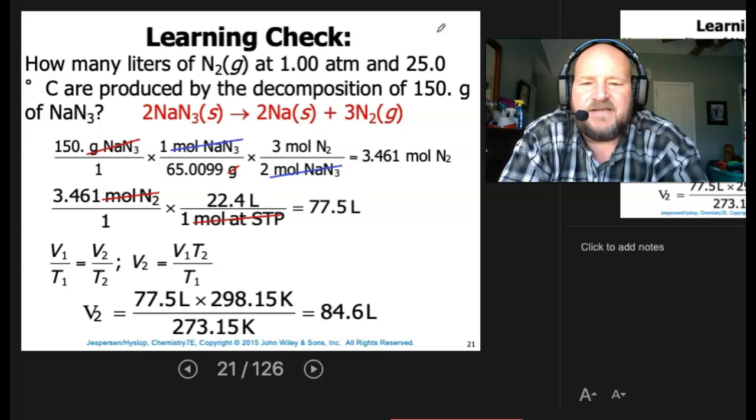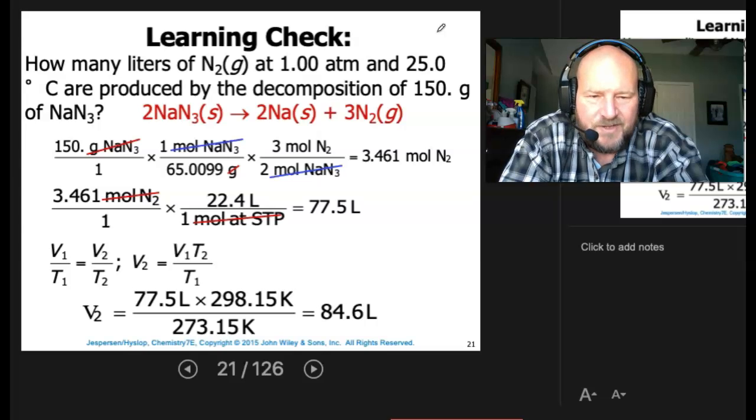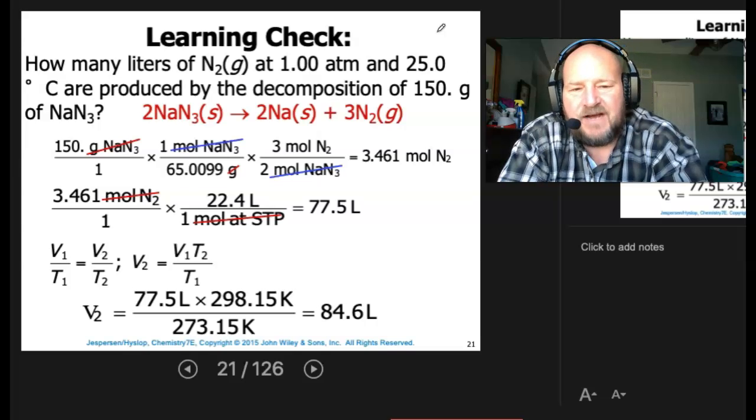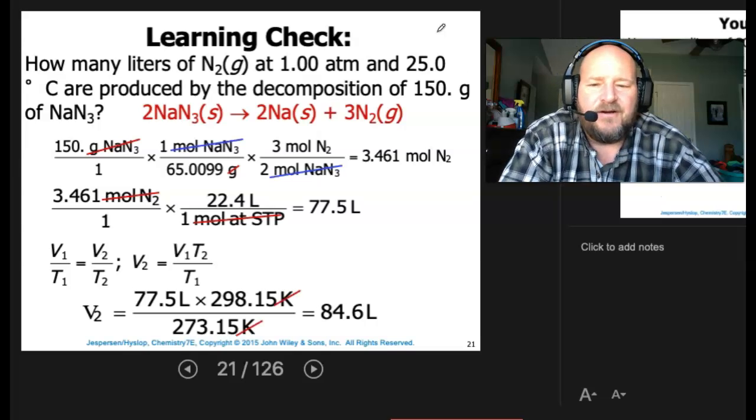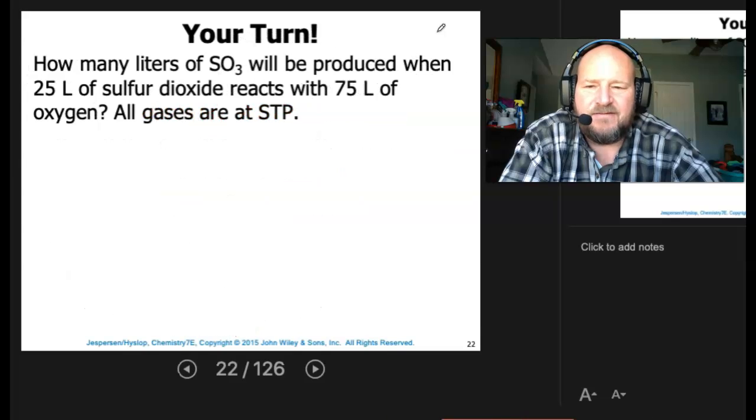Now, why did we do the second step? Well, remember, first we calculated at STP, but what is STP? Standard temperature and pressure is 1 atmosphere and 0 degrees C. This question said 25 degrees C, so we had to do a Charles law to adjust for that temperature. All right, kelvins will cancel out, and you're left with the 84.6.